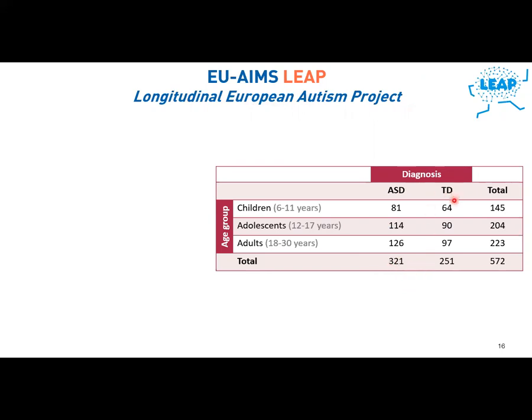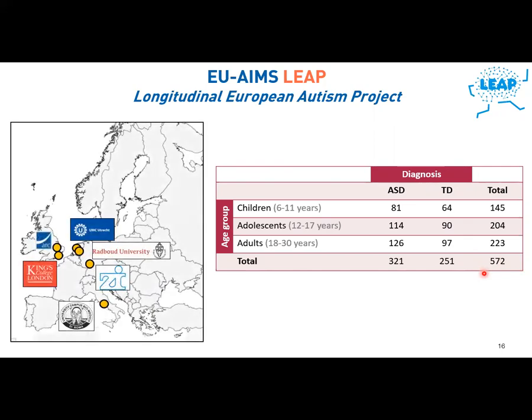And then TD is for typical development, like the healthy control in other words. In total, there are nearly 600 people across major European countries. The centers for this LEAP project are in the Netherlands, 2 universities in Germany, Italy in Rome, and 2 in the UK, okay? Good.